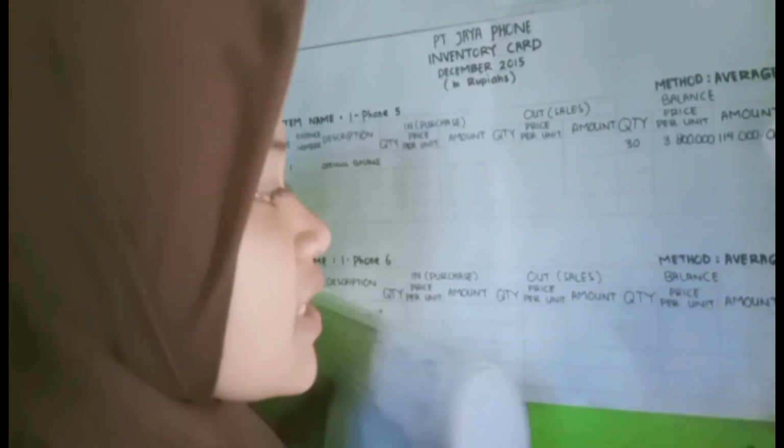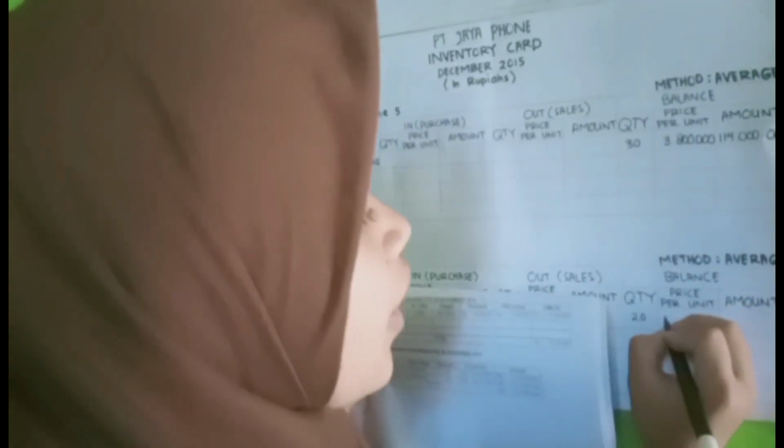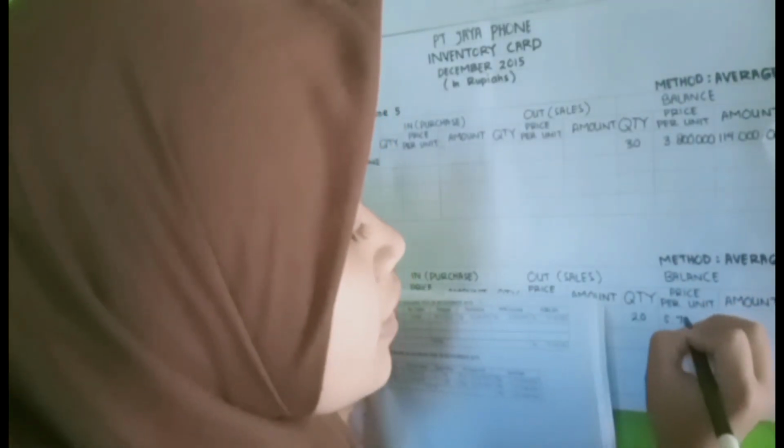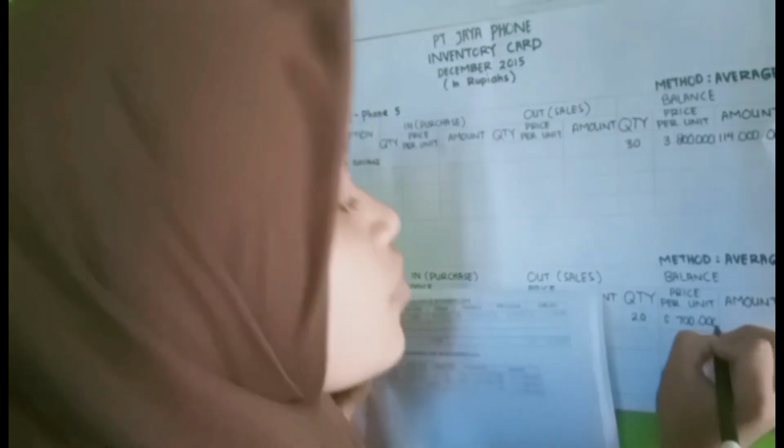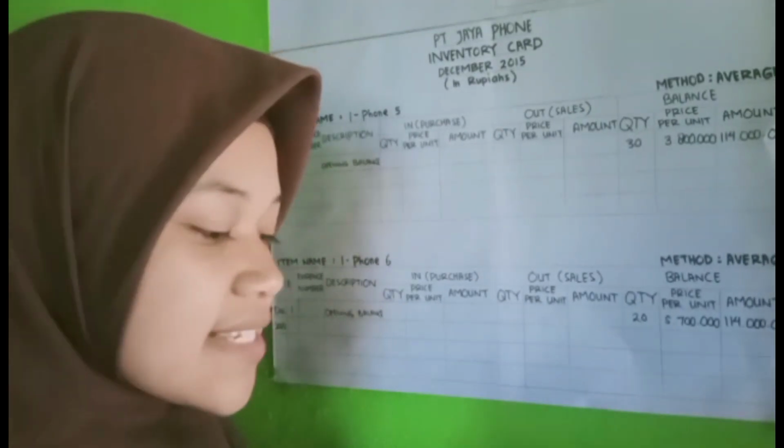And at the balance column, quantity 20, price per unit 5,700,000 rupiah. For amount, the same, this 114 million rupiah. Okay, next.